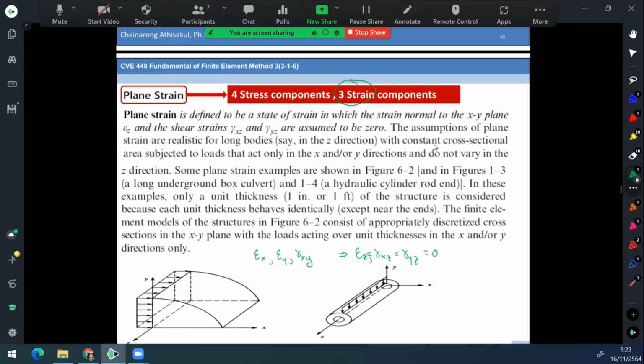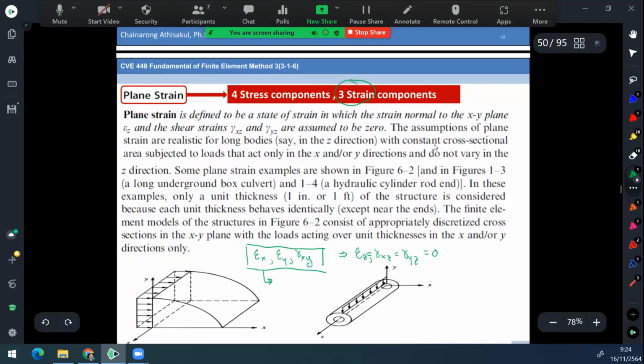But for this case, according to the Poisson effect, we consider three components of strain, but we have four components of stress.